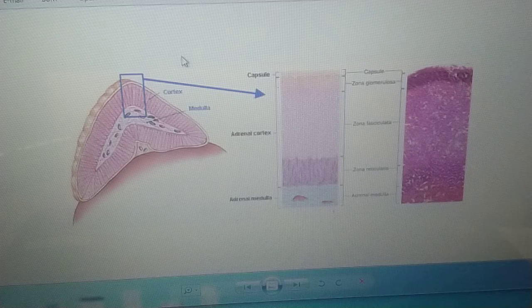Adrenal virilism. Okay, appearance of male characters in the female is called virilism. Excessive production of male sex corticoids, androgens, produces male secondary sexual characters like beard, mustache, and hoarse voice in the woman.